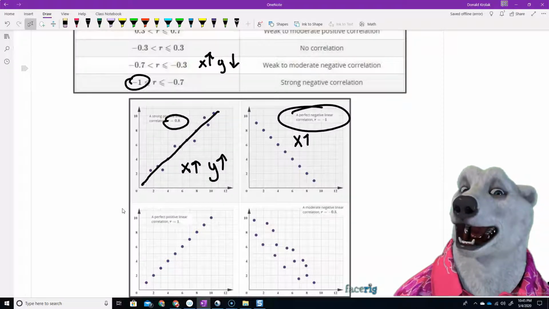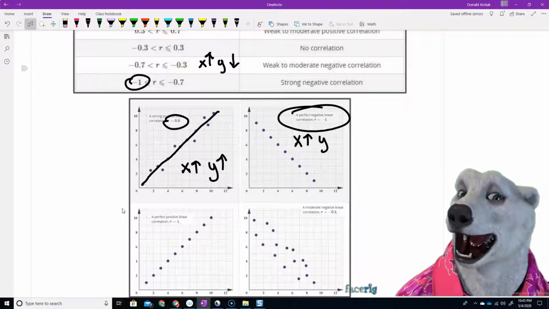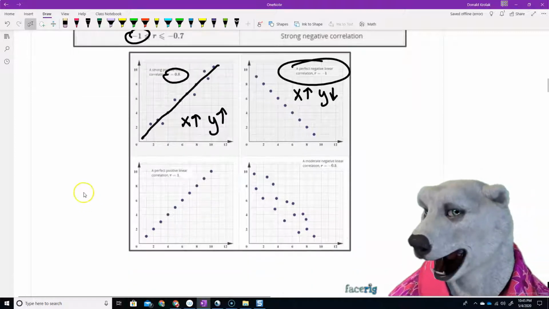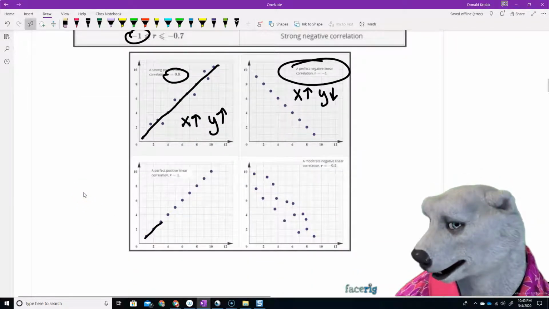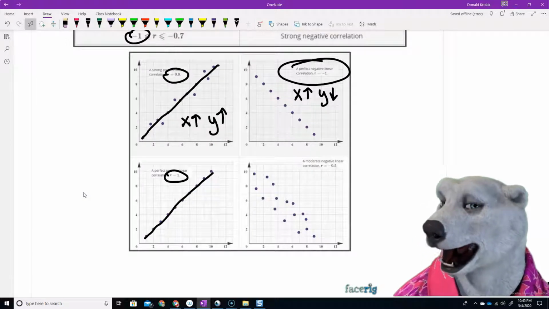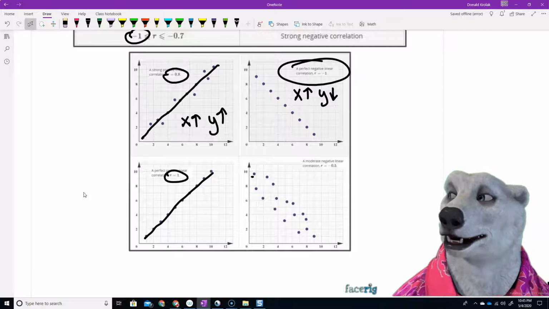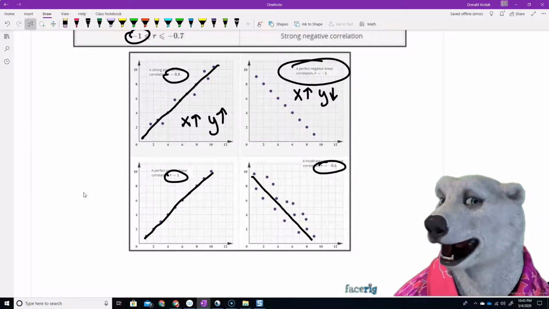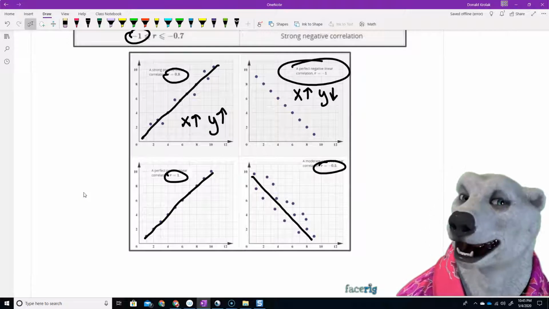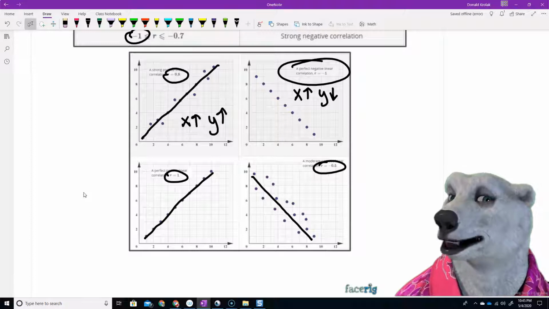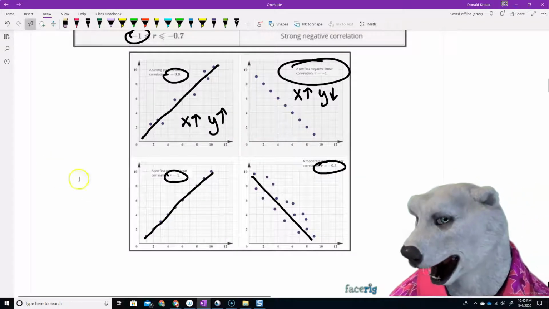So as x is getting bigger, the y value is getting smaller. Right below it, we got a perfect positive correlation. And next to it, we've got a moderate, because if you look at the Pearson number, it's only negative 0.5. So we've got a moderate negative correlation.